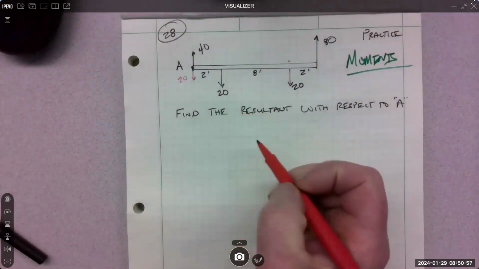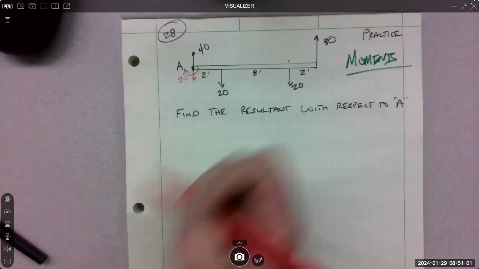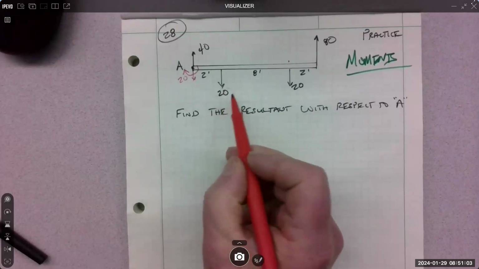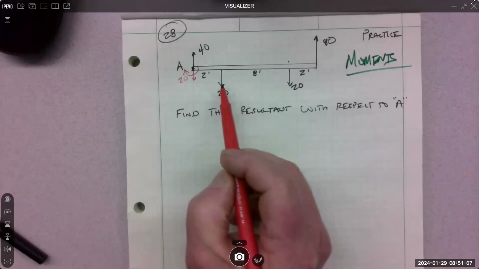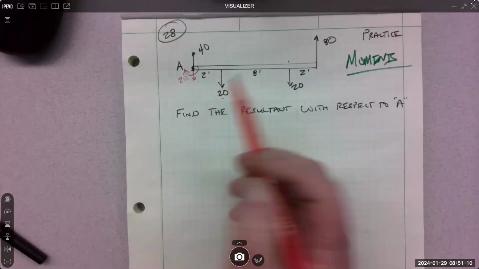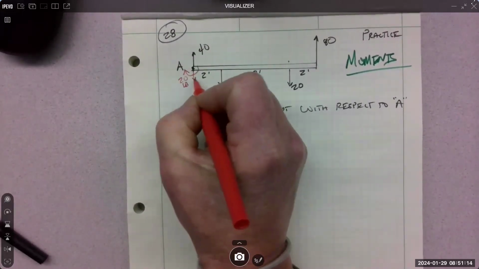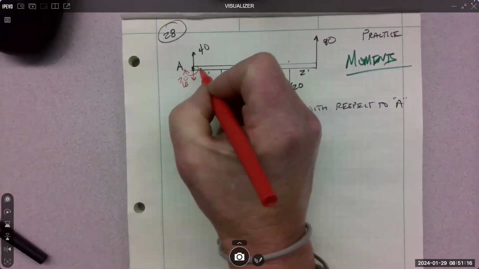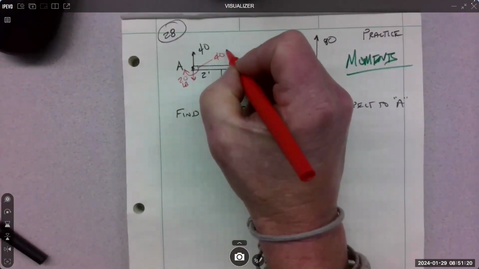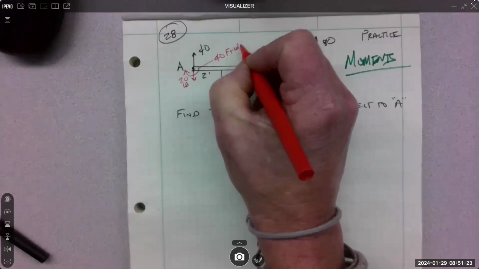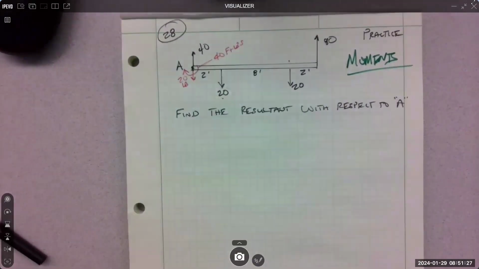So move it over and then bring the moment. How much is the moment of this 20-pound force about point A? 2 times 20 is 40, right? So this is the translation, but this right here is 40 foot-pounds. So bring the vector over, bring the moment with it.